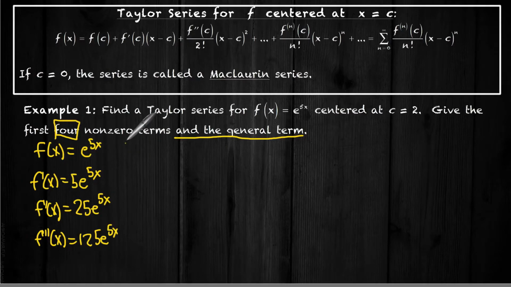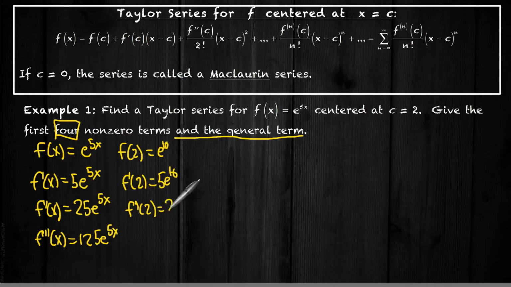And now we're going to plug in our center. So f of 2 is e to the 10th, and f prime of 2 is going to be 5e to the 10th, and f double prime of 2 is going to be 25e to the 10th, and f triple prime of 2 is going to be 125e to the 10th.